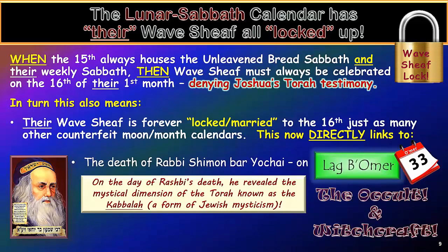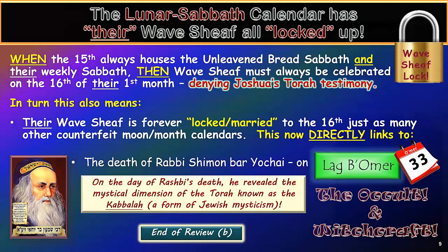And that is the occult and is witchcraft. And yet, this 16th is directly linked to that, directly. This is the end of Review B. Let's look at the next one.